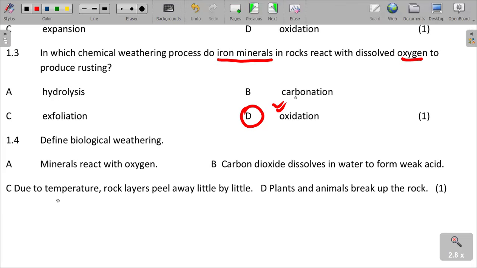Biological weathering. The moment we talk about biological, it must involve living organisms. When anything is biological, it must involve living organisms.